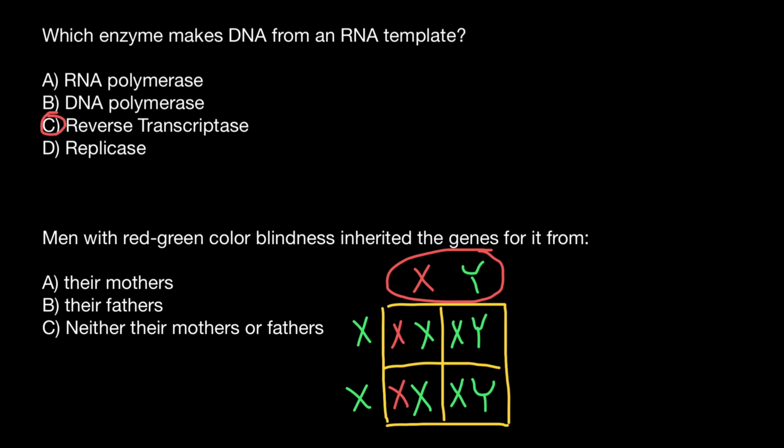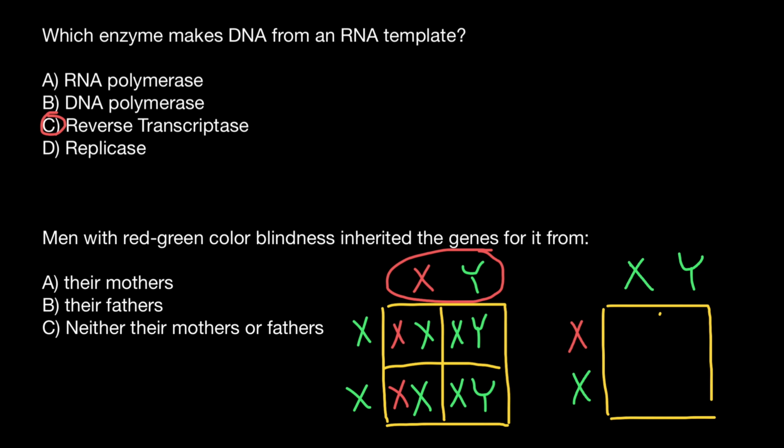And now let's take a look at what's going to happen if the father would be phenotypically and genotypically normal and the mother would be a carrier. So she would have one defective X chromosome, and in this case phenotypically she is going to be normal but would be a carrier.